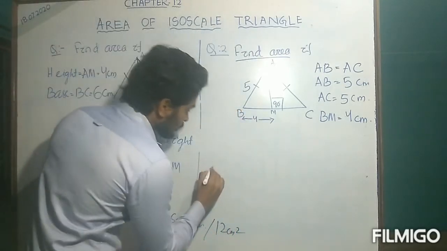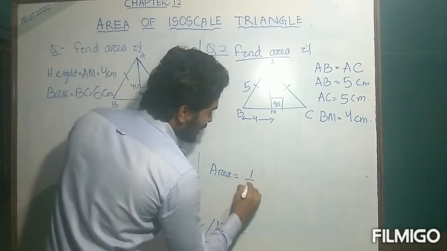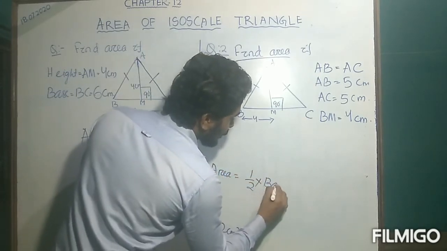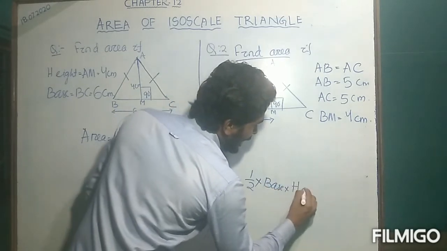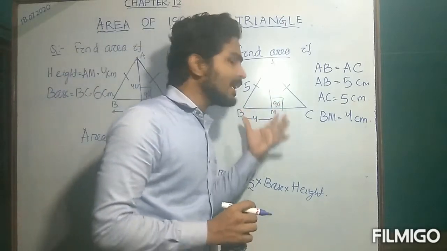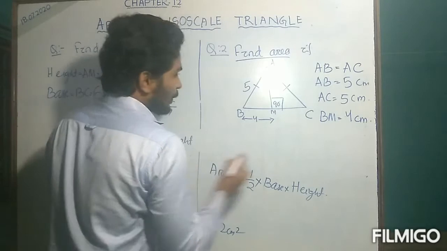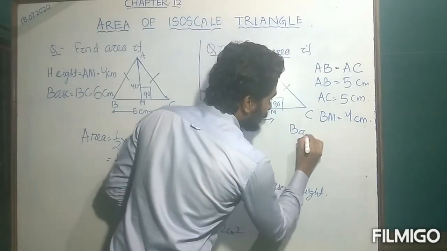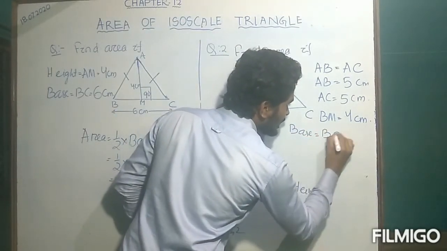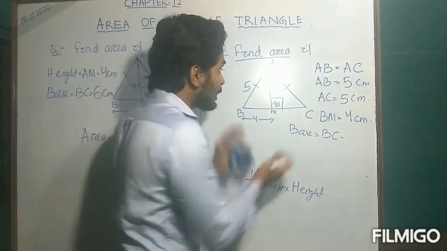As we know, in order to find the area of the triangle, the formula is half into base into height. So do we have the base and height here in this diagram? See, the base is BC. Here the base is BC. Is the base given? No, the base is not given. Base is BC.